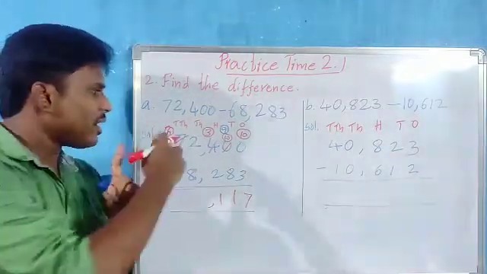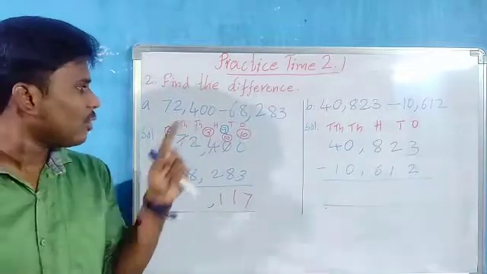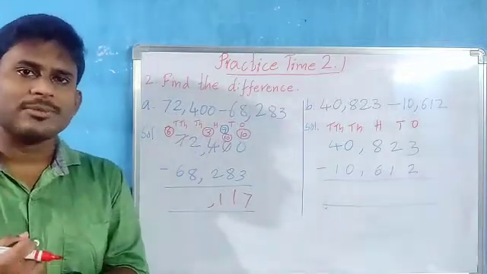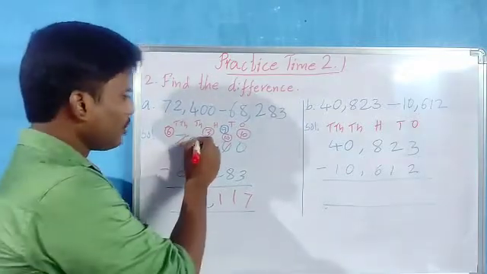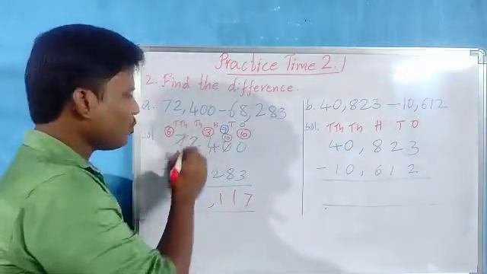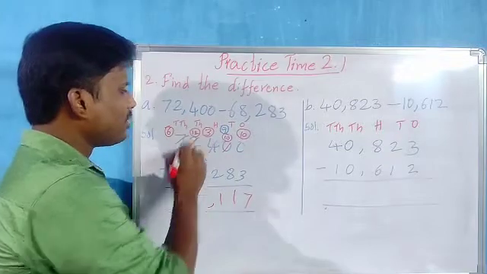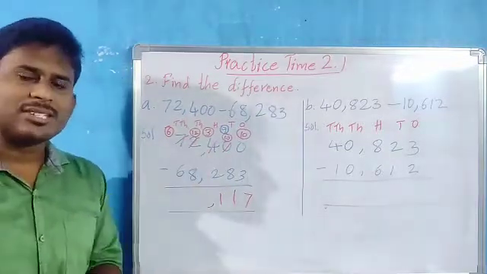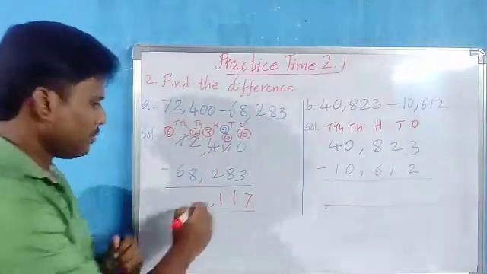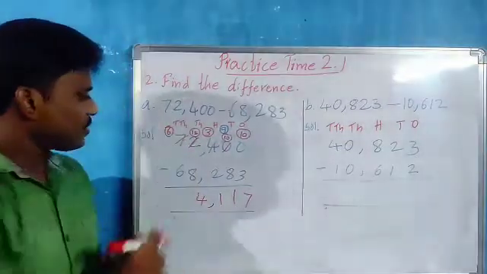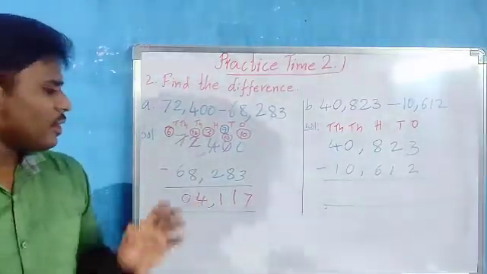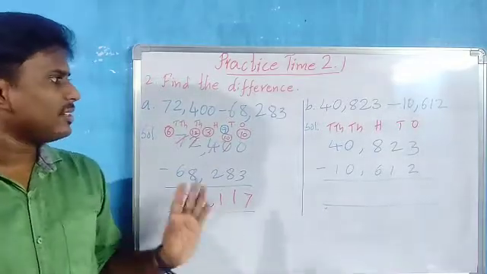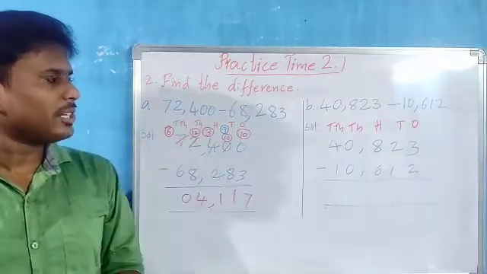So 1 10,000 we are regrouping here. 1 10,000 equal to how many thousands, children? 1 10,000 equal to 10 thousands. So 10 plus 2, 12 thousands will be there, children. Now 12 minus 8, 4. Good. 6 minus 6, 0, children. So the difference is 4,117, children.